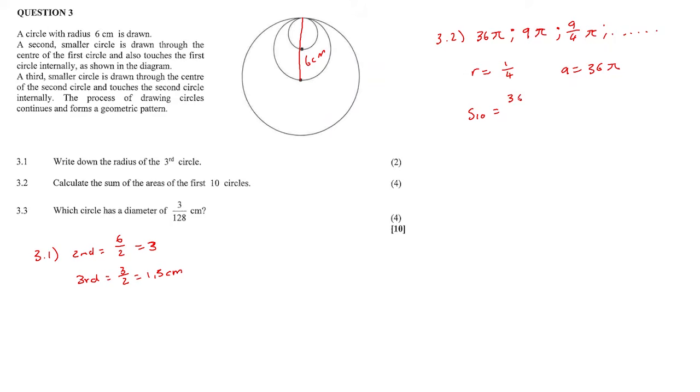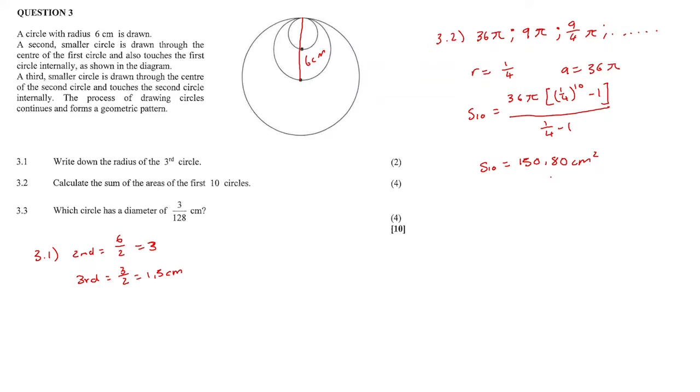So we have 36 pi being our a value, and then a quarter, our r value, to the power 10, because we want 10 terms, minus 1, all over a quarter minus 1. And if we plug all of that into the calculator and solve, we should get 150,80 centimeters squared.